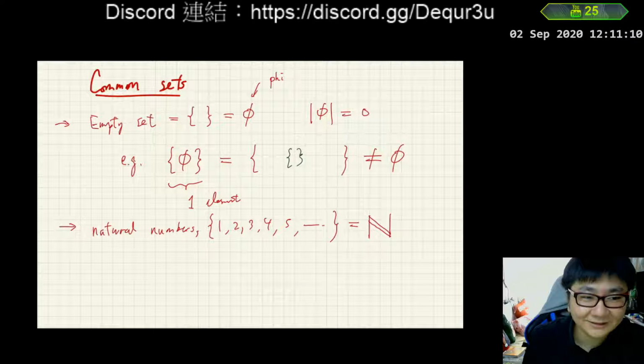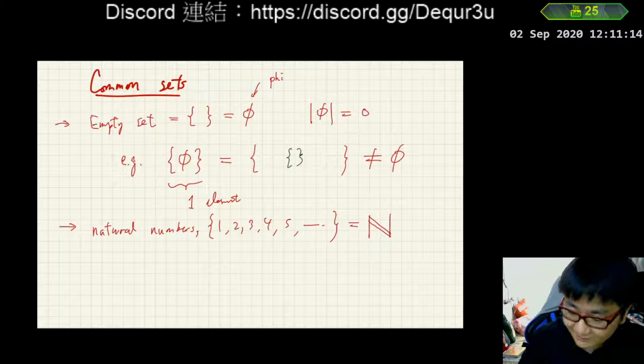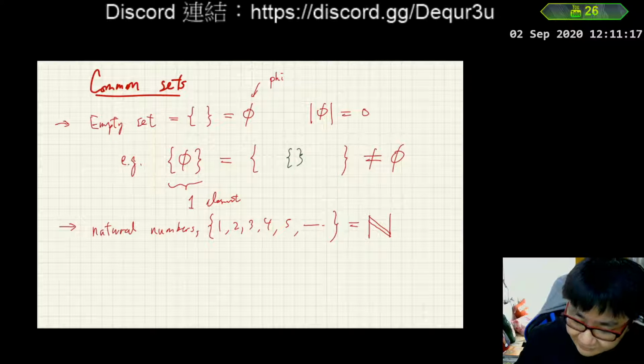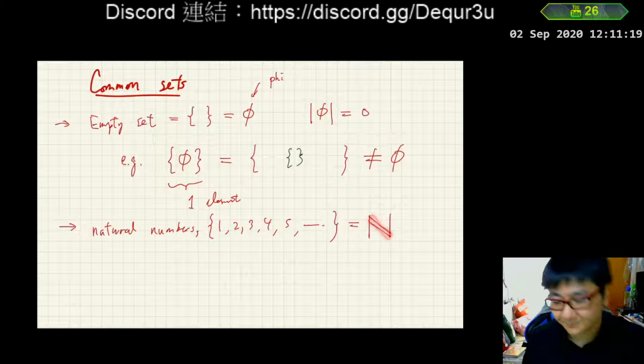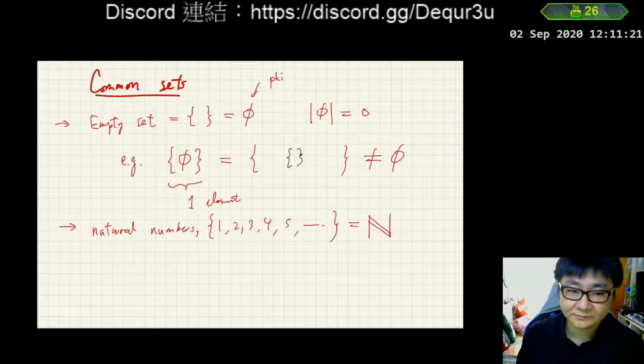The natural number set is represented as a capital letter N with a thicker part in the middle. That means all the counting numbers 1, 2, 3, 4, 5, etc.